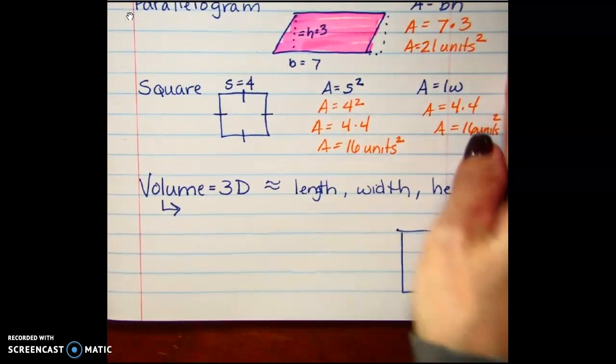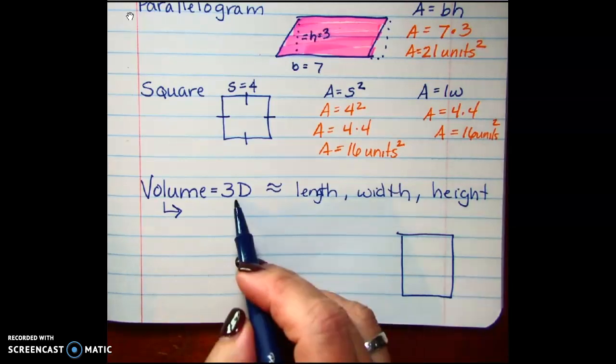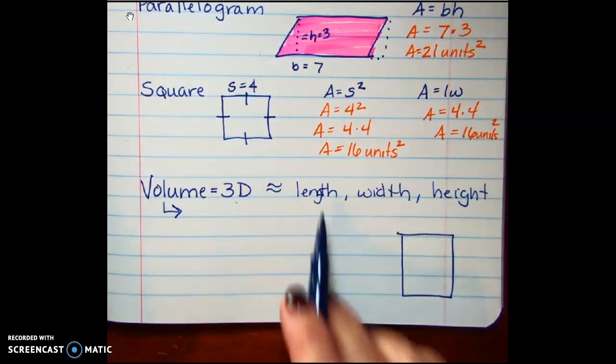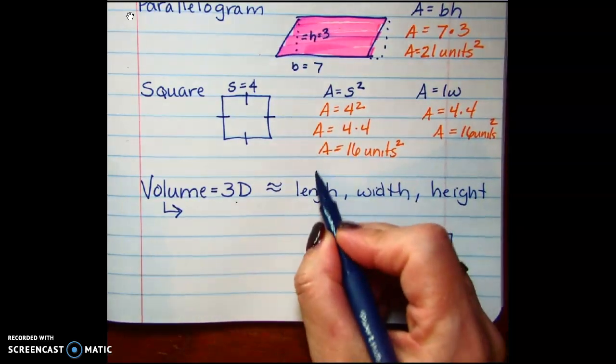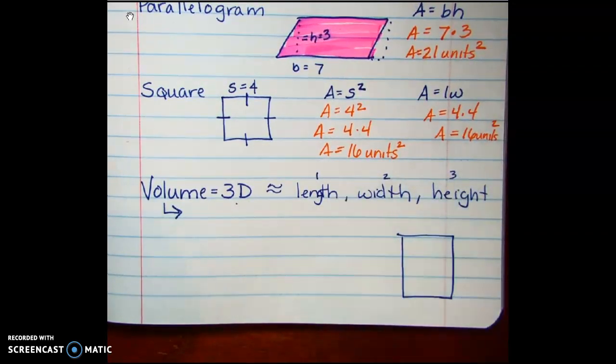So let's take a look at our volume equation. So volume is not a 2D figure, it's a 3D figure. The 3 dimensions are length, width, height, 1, 2, 3. So I bet you know that we're going to be changing our label for units.